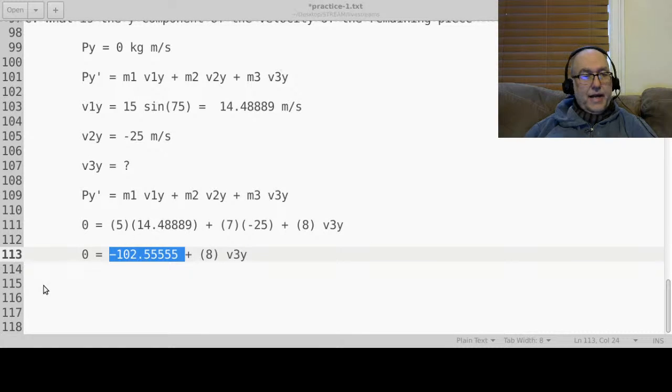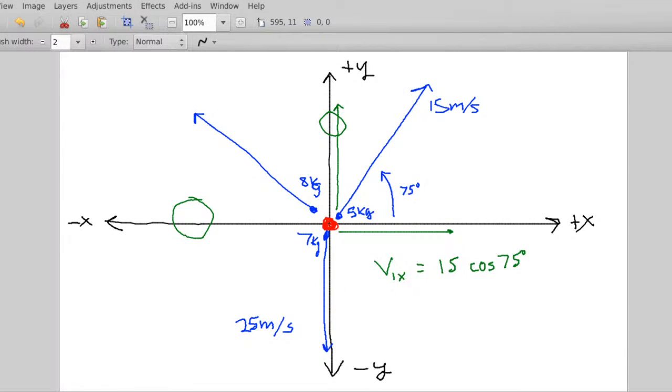Let's go back to that diagram. Remember I said that the y component here of the 7 kilogram was bigger than the y component here of that 5 kilogram. Because the 7 has more momentum in the negative y direction than the 5 has in the positive y direction, when I add those two together, this one dominates, and you get an overall momentum in the negative y direction.